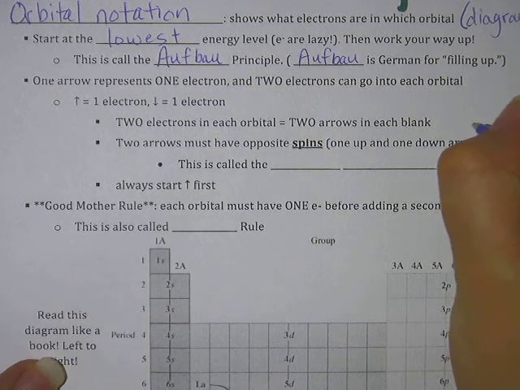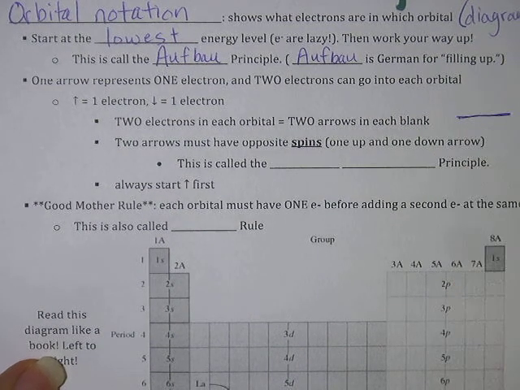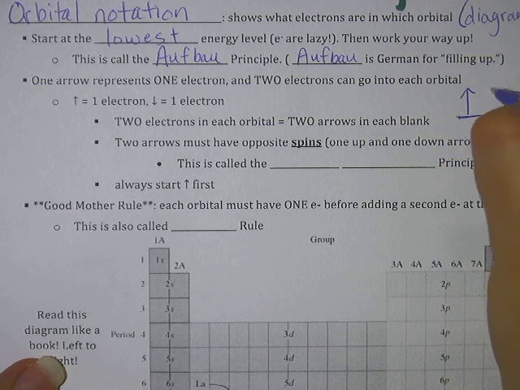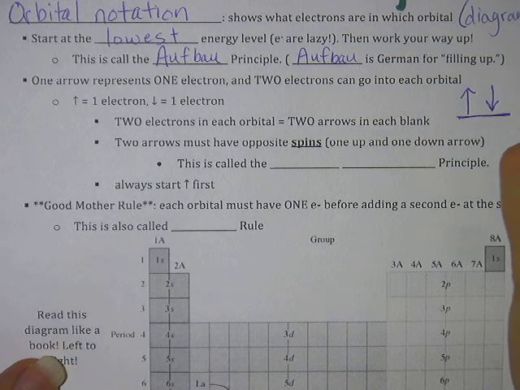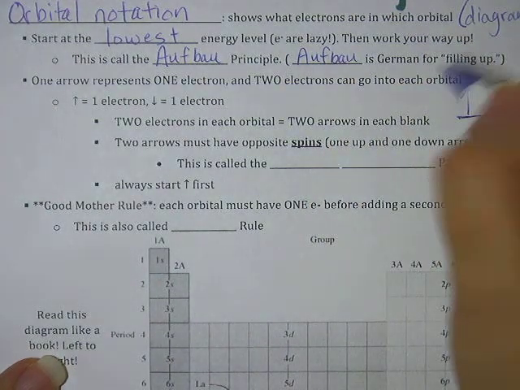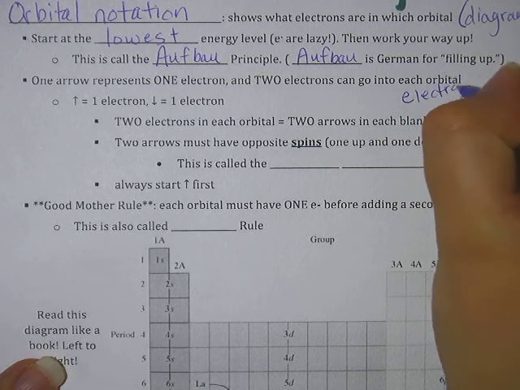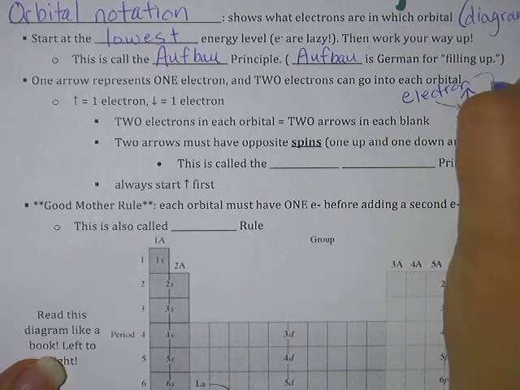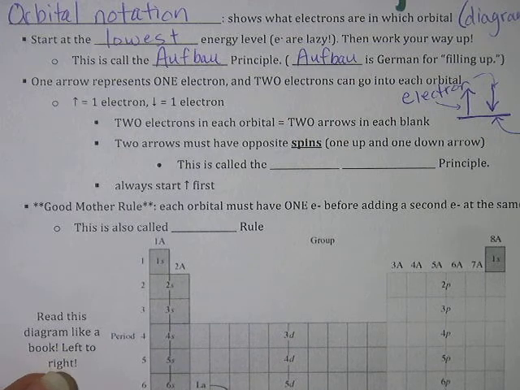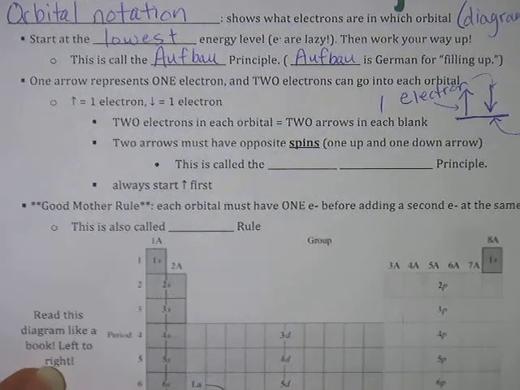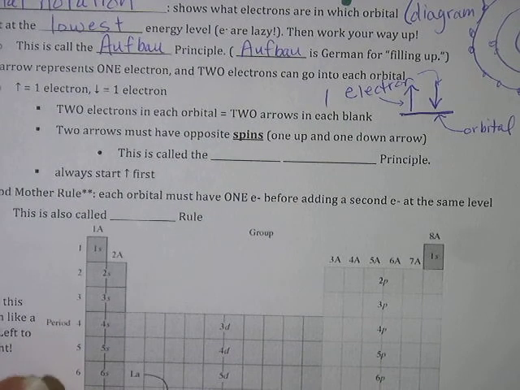Here, we have a blank, and we put an up arrow and a down arrow. The blank is an orbital, and each one of these arrows is an electron.